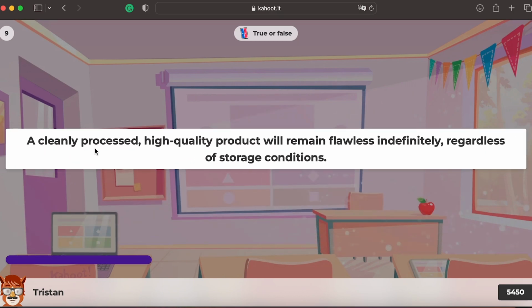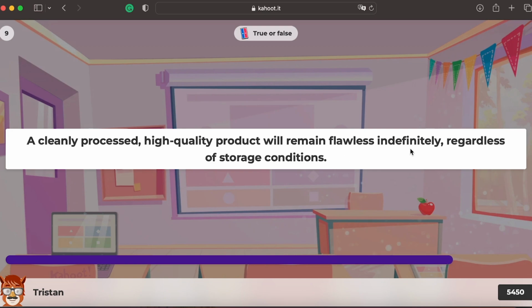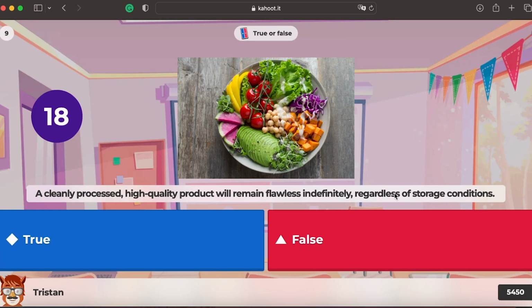A cleanly processed, high quality product will remain flawless indefinitely. No, not indefinitely.